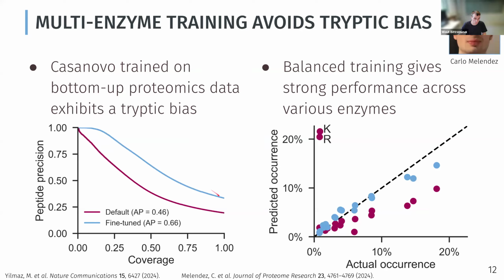You'll still notice that this performance is lower than on the previous slide, but that is in large part because the immunopeptidomics data set is simply more challenging, and this is true for any method, not only de novo sequencing.